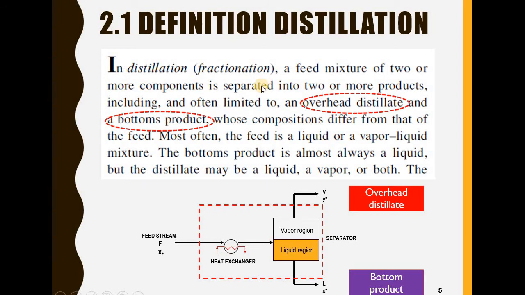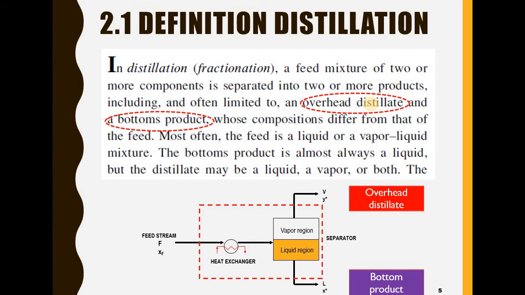So we should have a mixture, a mixture of 2 or more components. It can be 2, it can be 3, or it can be more. The mixture is separated into 2 or more products, including but not limited to an overhead distillate.